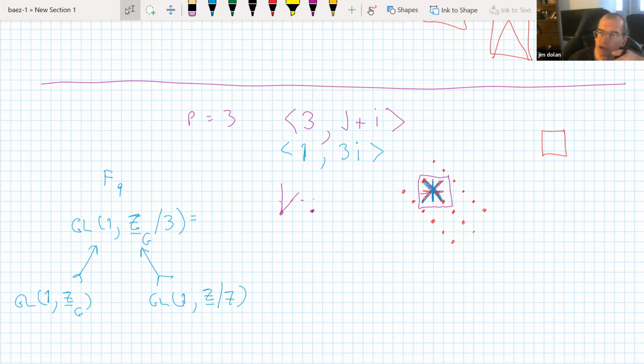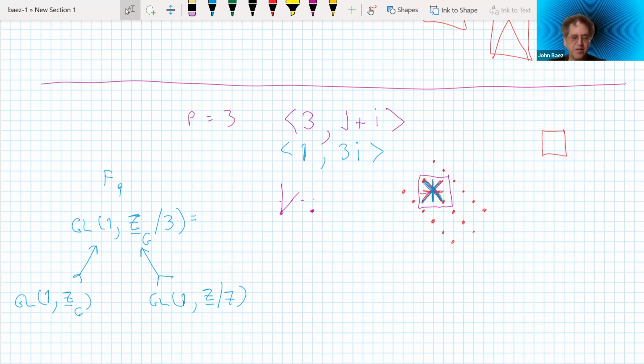You're just multiplying by a real scalar, so you're getting a lattice that's still sticking in the same place, just magnified by a real thing. But because we're modding out by 3, it's going to close up. Do you see what I'm saying?